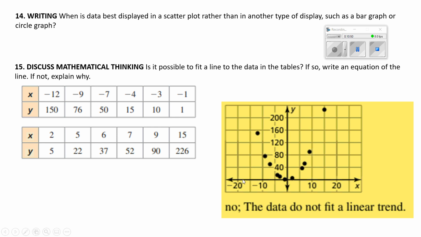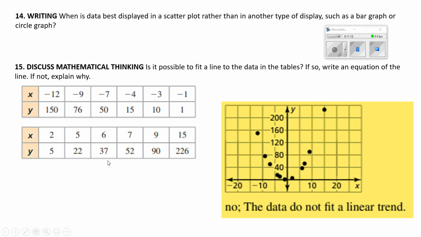Then negative 9 and 76, so negative 9 here and 76. Then negative 7 and 50, so negative 7 right here, and 50. So all these are representative of this table.